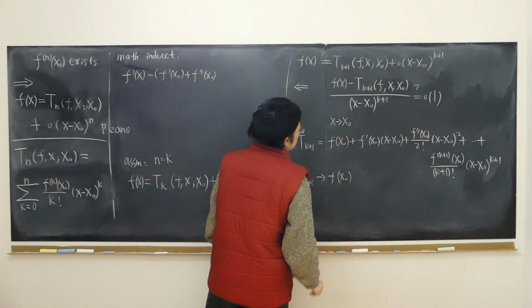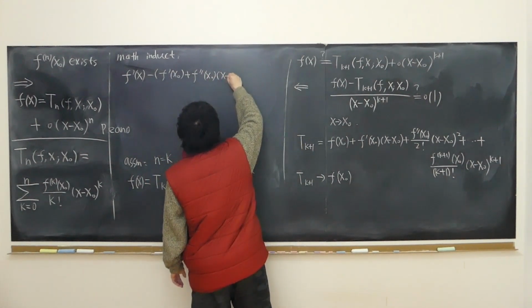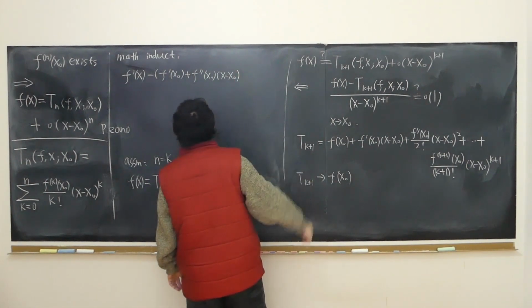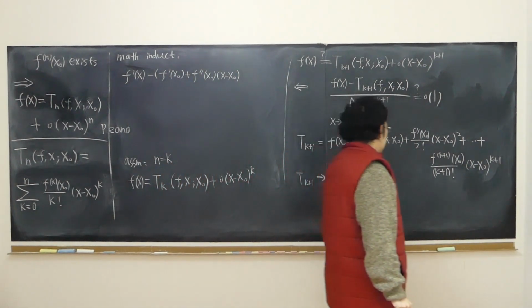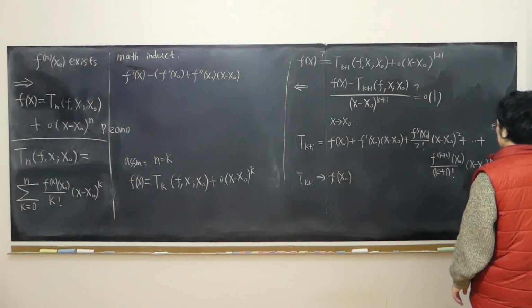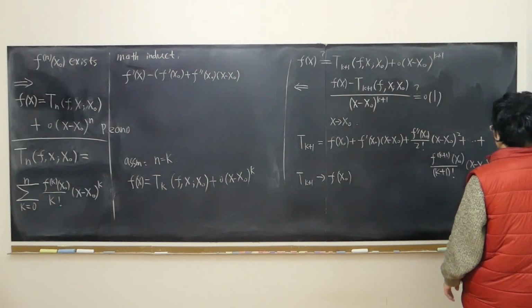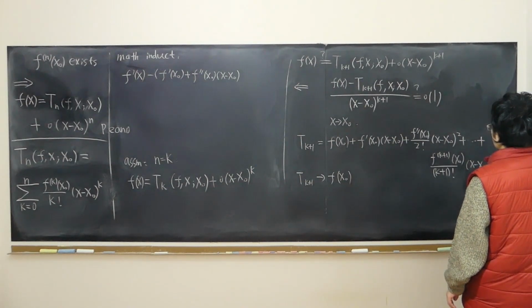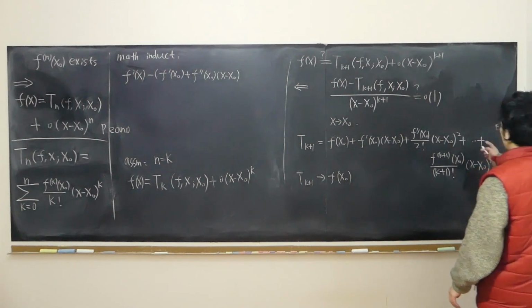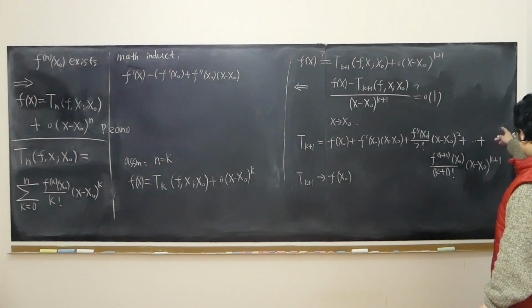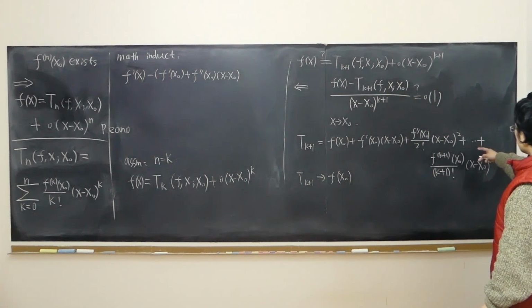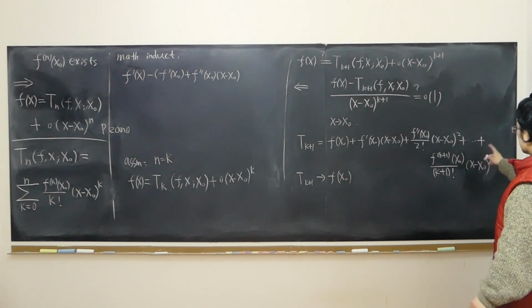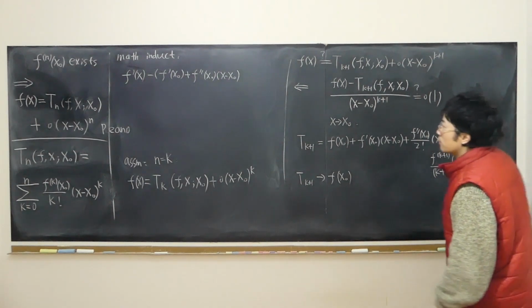times (x minus x naught). Let's write one more term, right? The next term is 3 factorial at the bottom and to the power of 3, right? That's my polynomial. So using the chain rule again, imagine there is, take down the power 3, and 3 factorial simplifies down to just 2 factorial at the bottom, right?